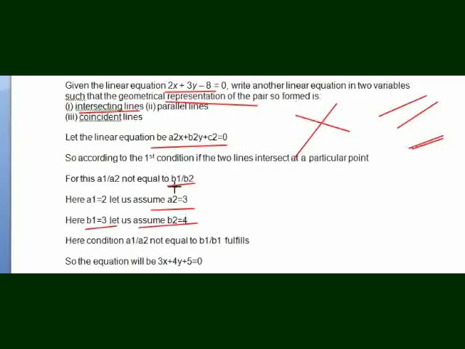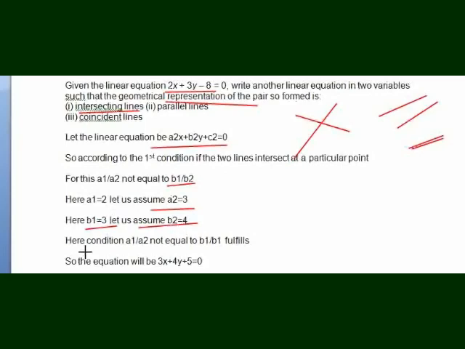If a2 is equal to 3 and b2 is equal to 4, then a1 by a2 is 2 by 3, and b1 by b2 is 3 by 4. So 2 by 3 is not equal to 3 by 4. It means it fulfills the condition a1 by a2 is not equal to b1 by b2.